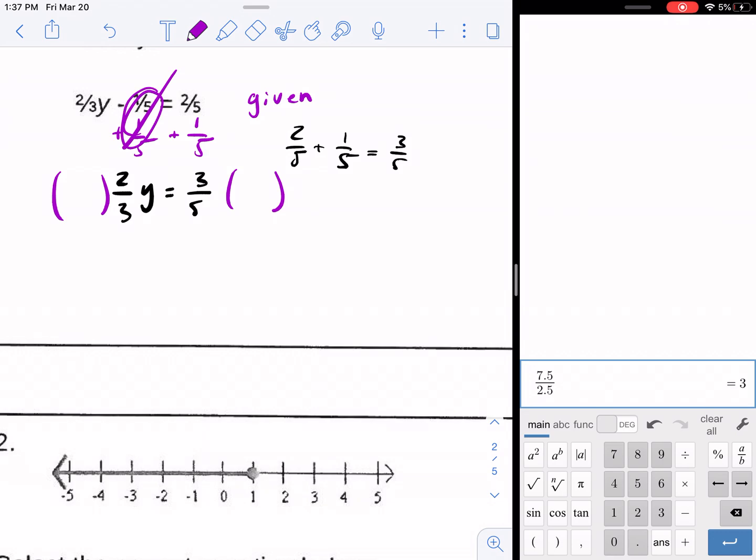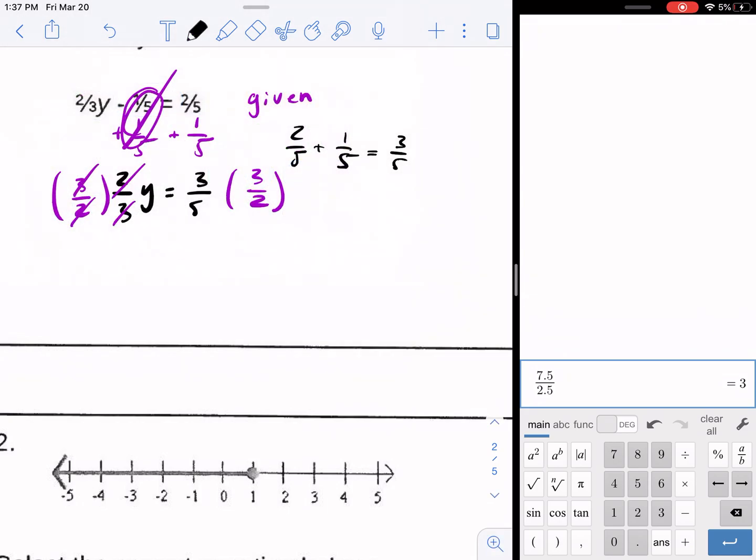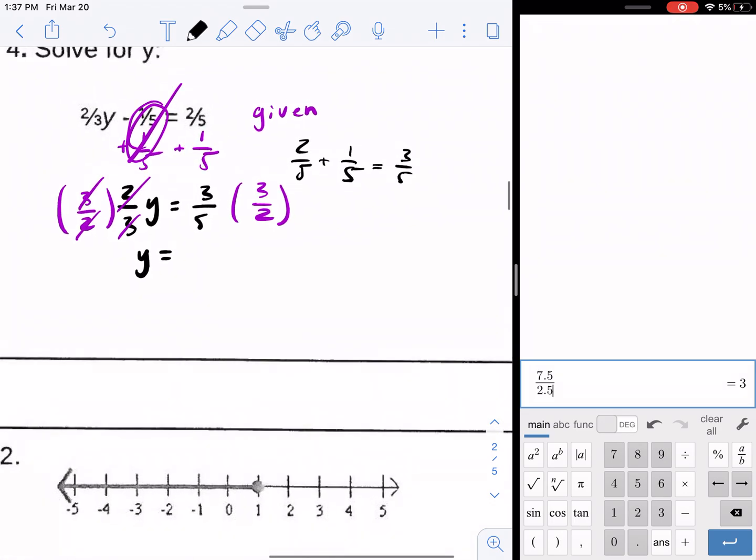And that something is the reciprocal. So the reciprocal of 2/3 is 3/2. And then we do to one side, do it to the other. 3 on top, 3 on bottom, 2 on top, 2 on bottom. What's left? Well, just 1 times 1 times y. It's just y. And then you got this over here.